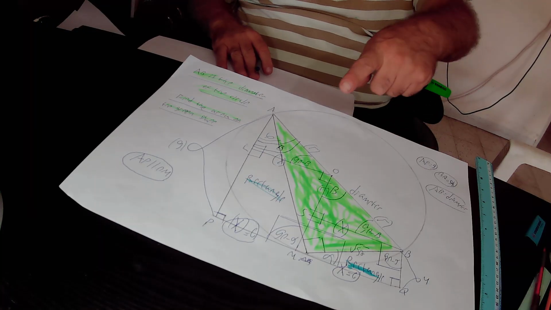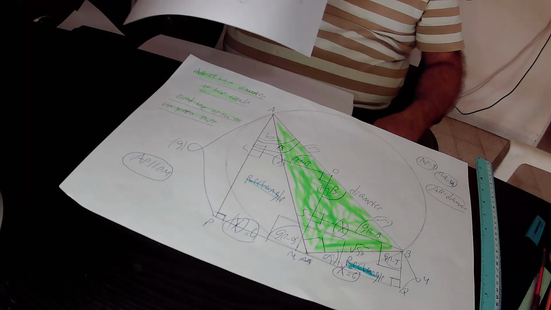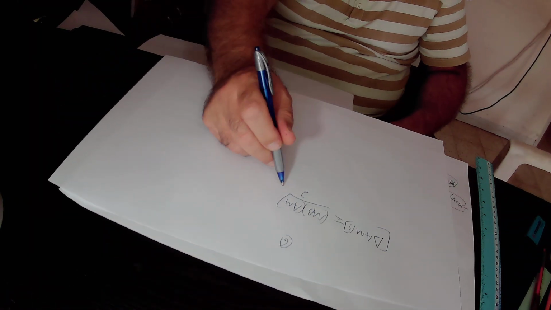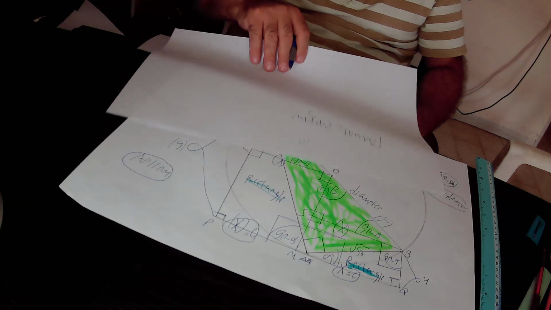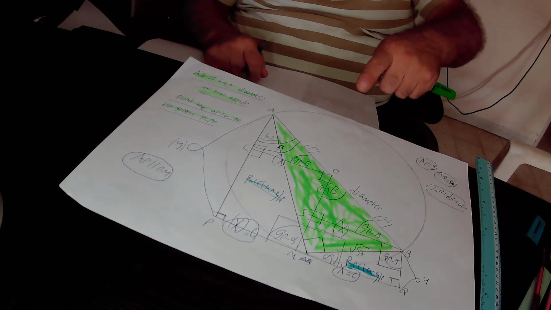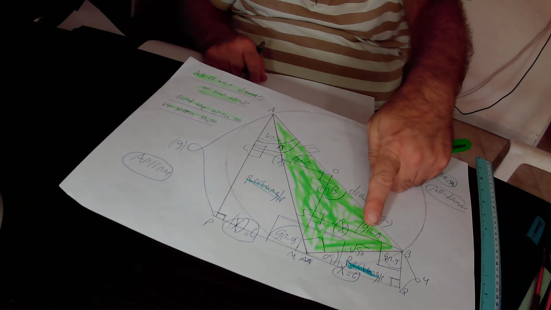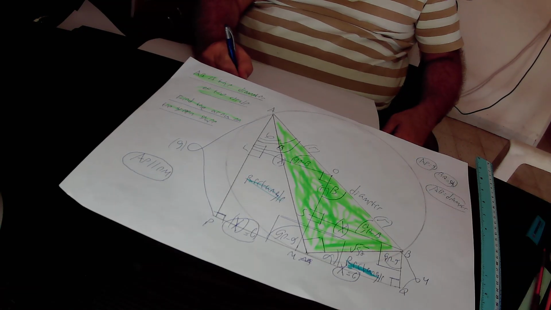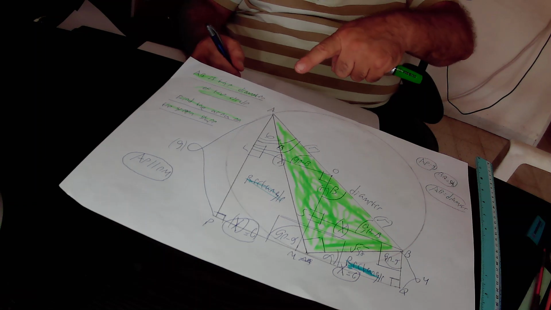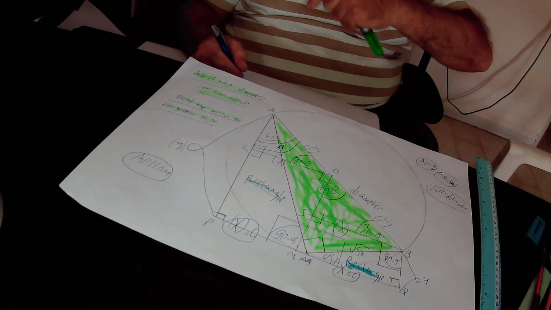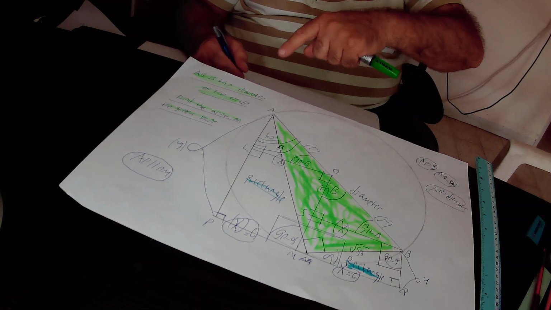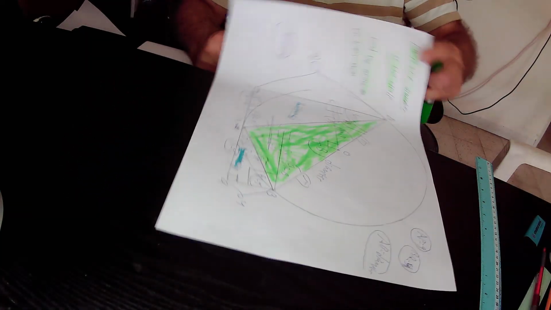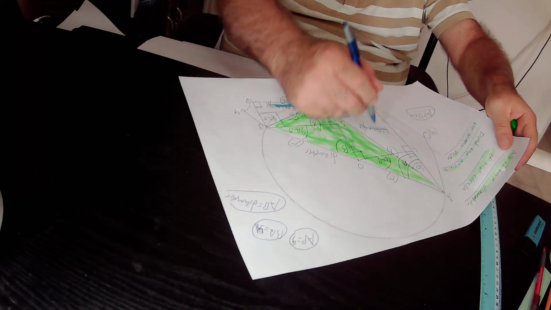MB equals the square root of 52 times AM. AM, we found out that AM equals the square root of 117 units in its length.